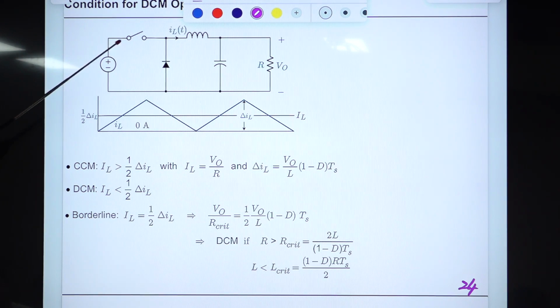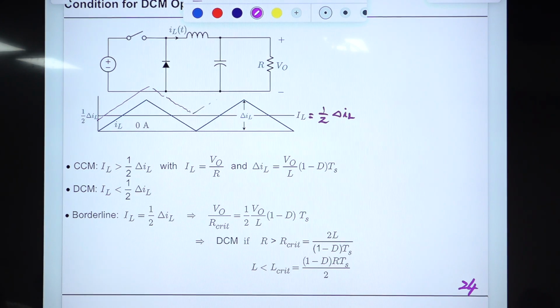Condition for the DCM. This is the borderline between CCM and DCM operation. For this borderline, the condition is that the average value of the inductor current is half of del IL. If IL increases, it goes into CCM.